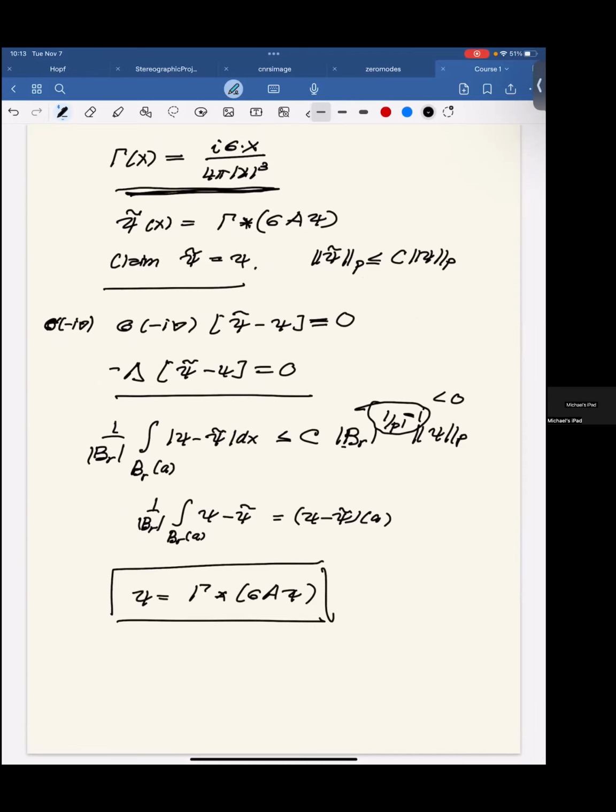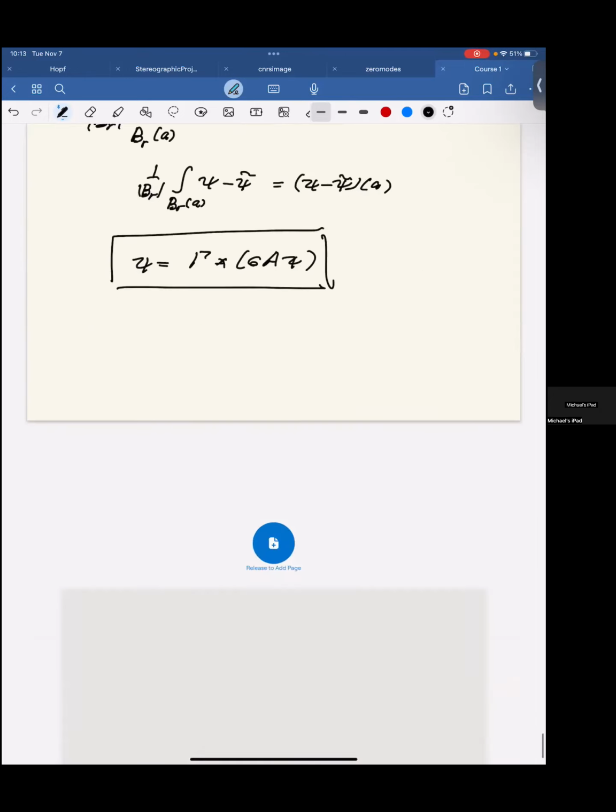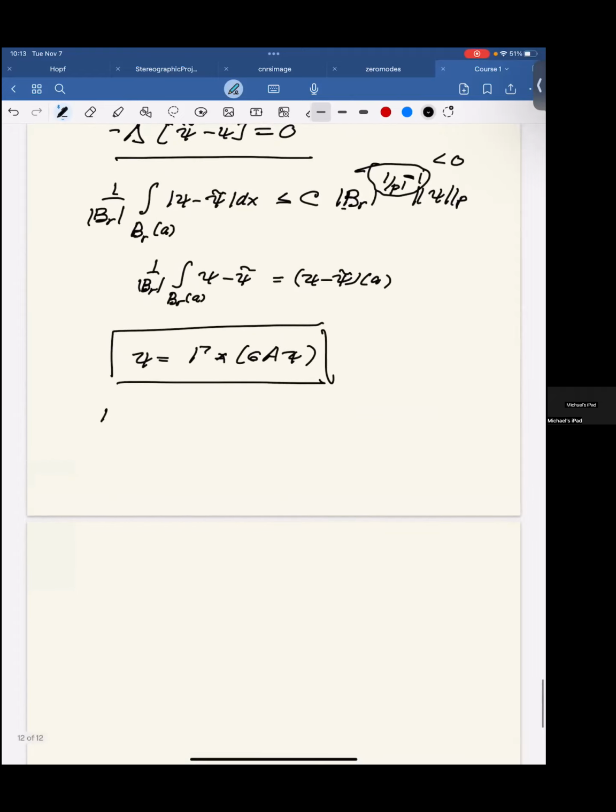Next, we're going to analyze this. So what we're going to do now is fix any R between 3/2 and 3P over 3 minus P when P is between 3/2 and 3.